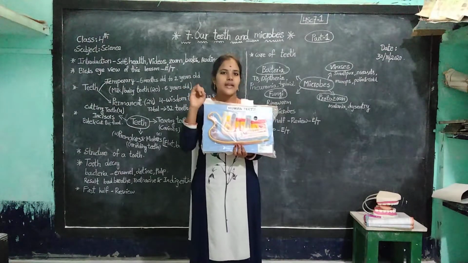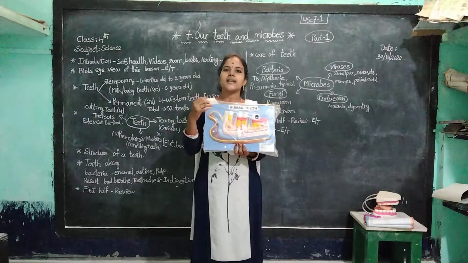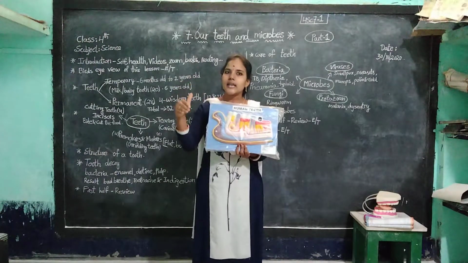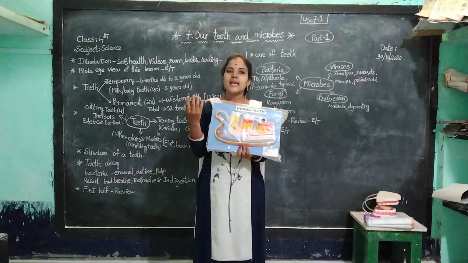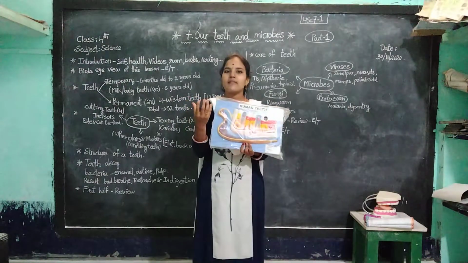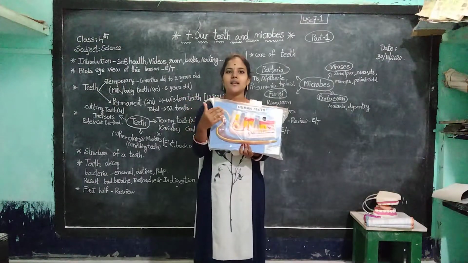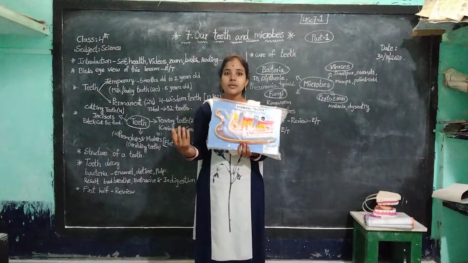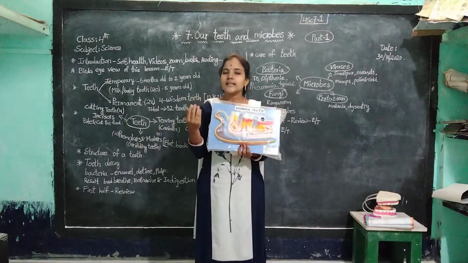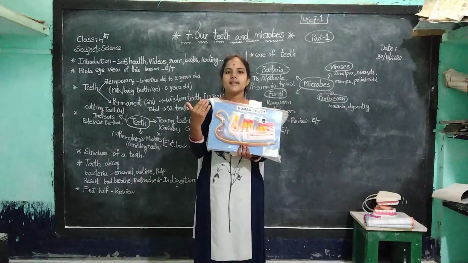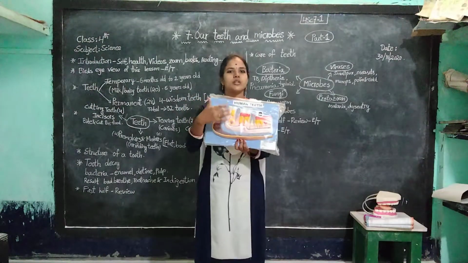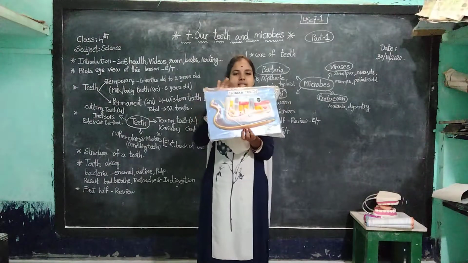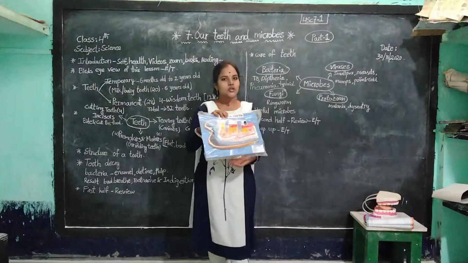The outer hard layer is called enamel. Below the enamel is dentine. Inside the dentine is the pulp. The pulp has blood vessels and nerves in it. And next one, root. The root of a tooth has a hole and the gums are connected to the nerves of the tooth. This is about the structure of a tooth.